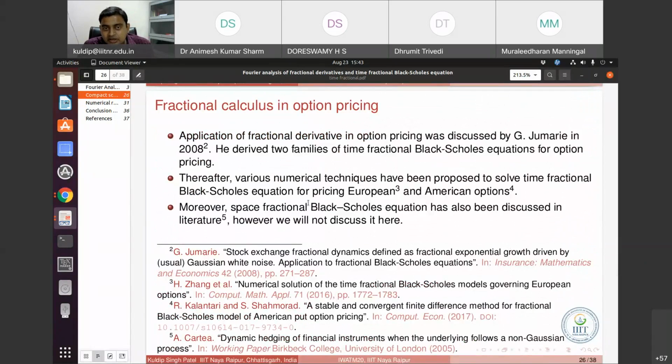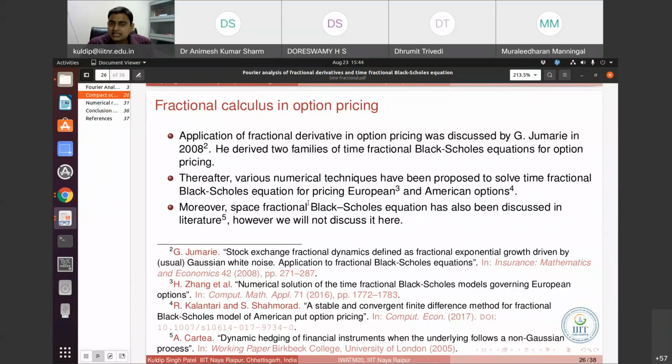So my next observation is whether whatever compact scheme has been discussed here can be applied to option pricing problems. This one can see by Zumari, I think this is the first paper, not first, maybe, in 2005 also by in space fractional, but one of the first papers which talks about this time fractional Black-Scholes equation.